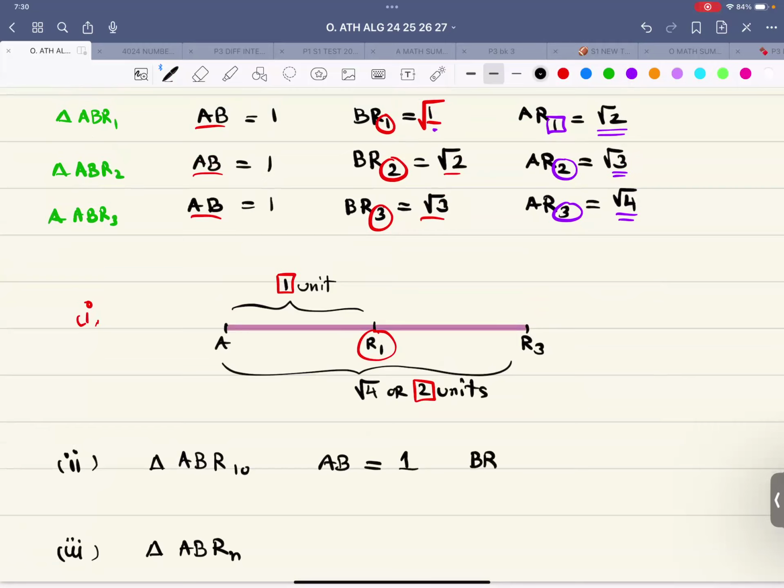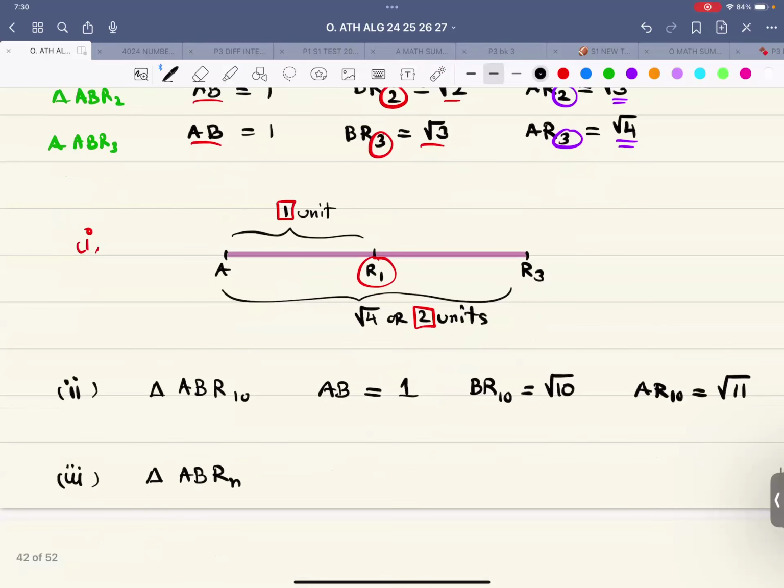And BR10 should be root 10, because whatever is the value over here, that is the root over here. And therefore AR10 should be 10 plus 1, which is root 11. Similarly, over here, AB is still 1, BRn is root n, and ARn is root of n plus 1. That is the pattern over here.